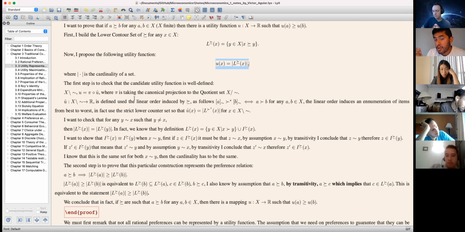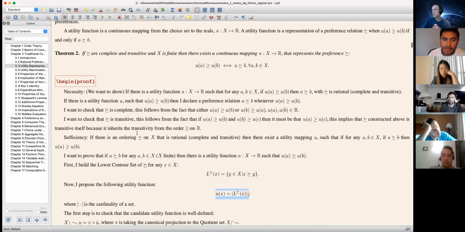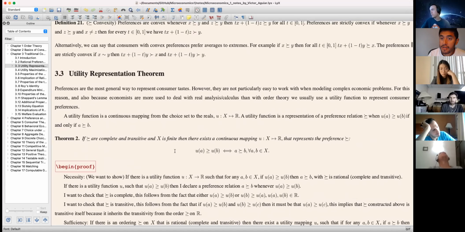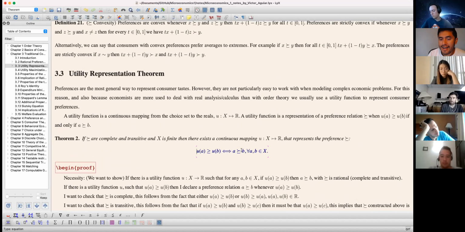Now, but completeness is part of the theorem, right? So when I remove completeness, the part of the theorem that is going to be false is that when you have A better than B, then, you know, the utility of A is greater than or equal to the utility of B, okay?